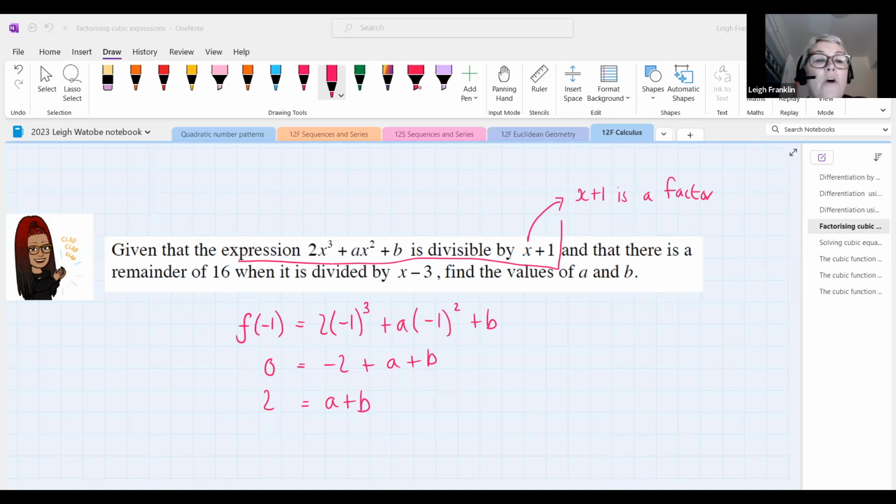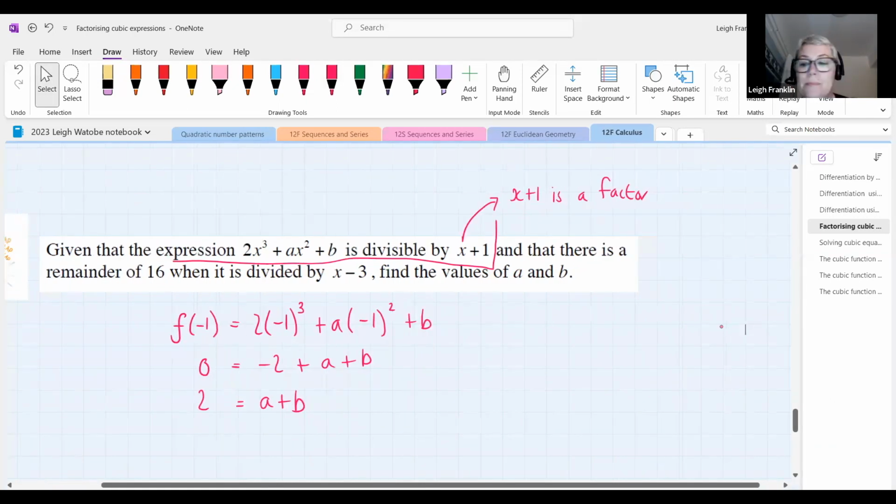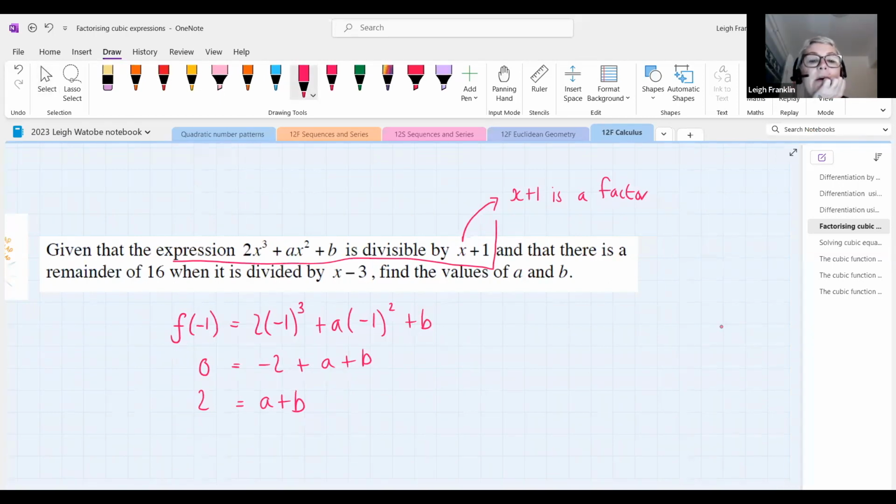Anybody else want to offer to make the second equation for us, please? Yes, Lucinda. Thank you. Go for it, Lucinda.